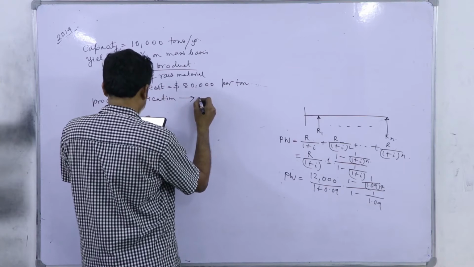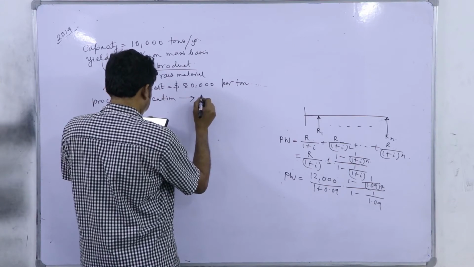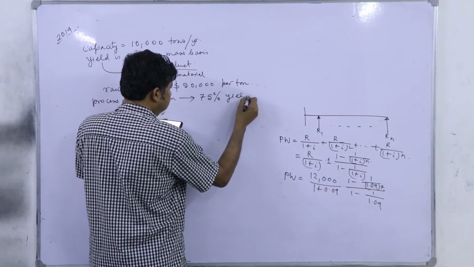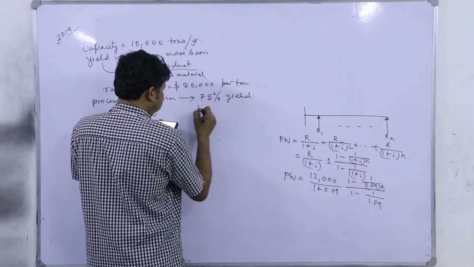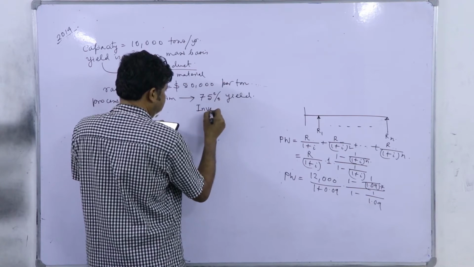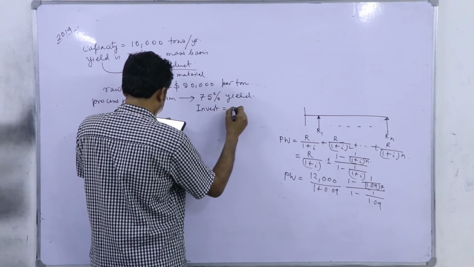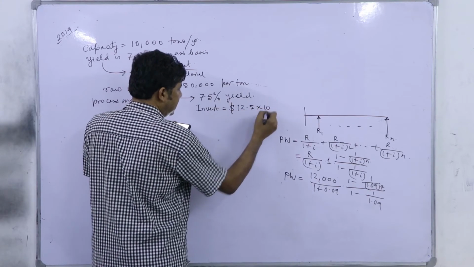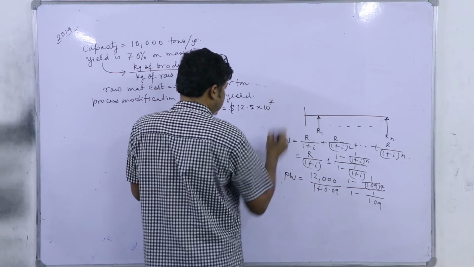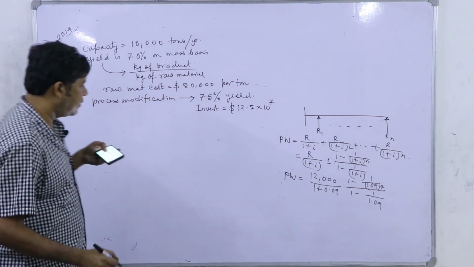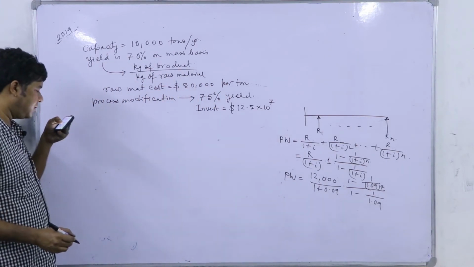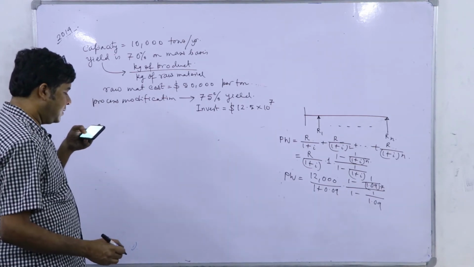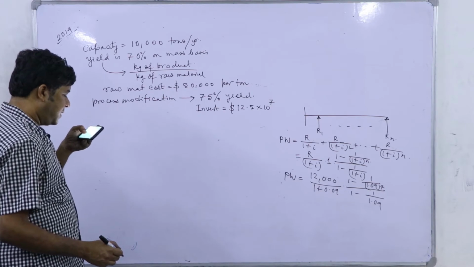So, the investment is 12.5 into 10 to the power 7. This is in crores, so 12.5 into 10 to the power 7. In how many years will the invested amount be recovered? It will be recovered with the additional profit.